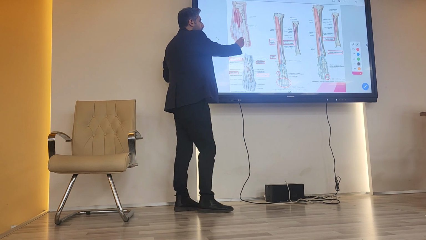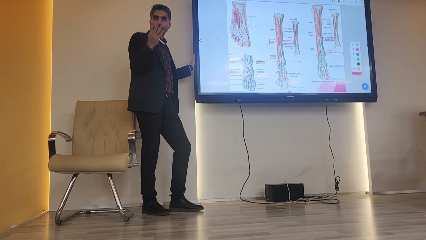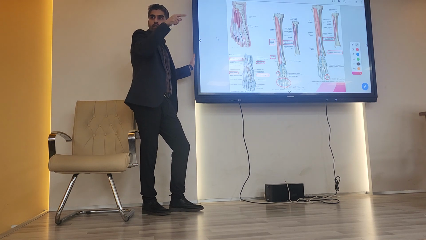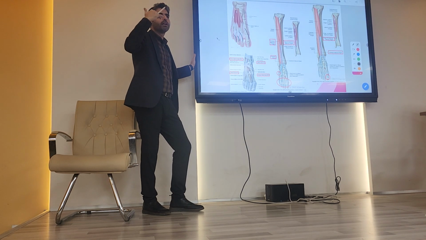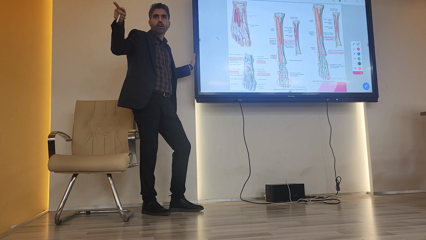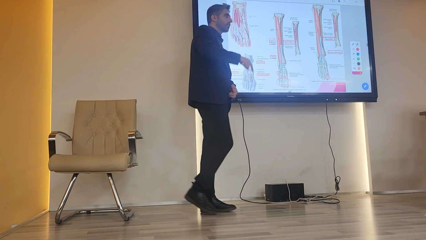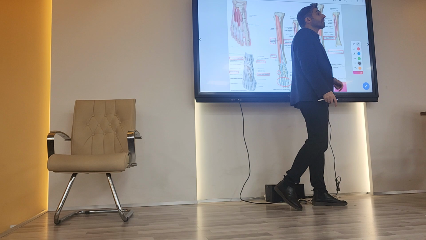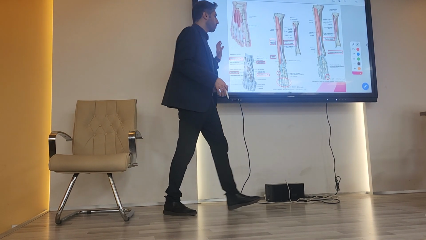It's attached to numbers 1, 2, 3, 4. Yes, 4 fingers, but starting from 1. Other digitorum muscles in the upper limb and lower limb mean 2, 3, 4, 5, because finger number 1 always has a specific muscle.